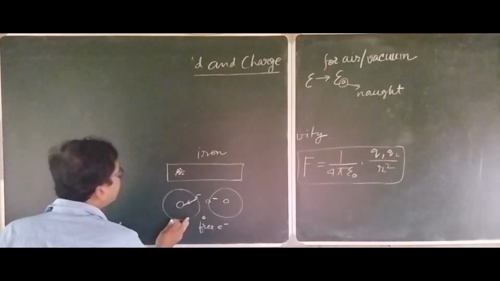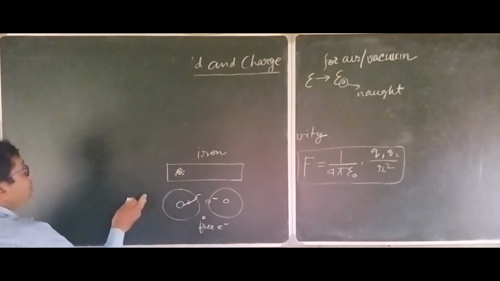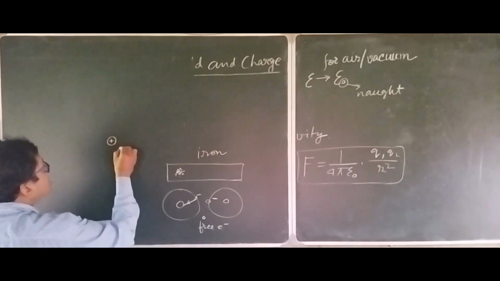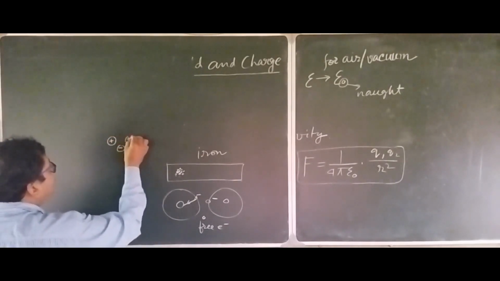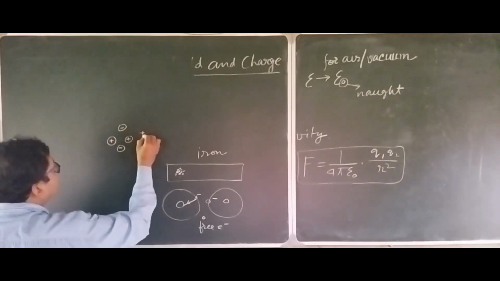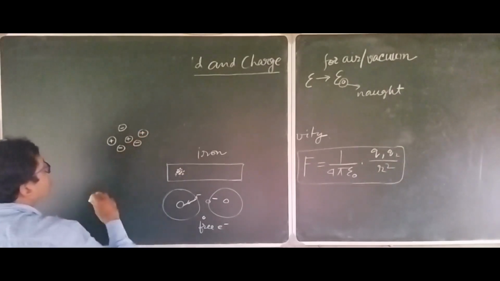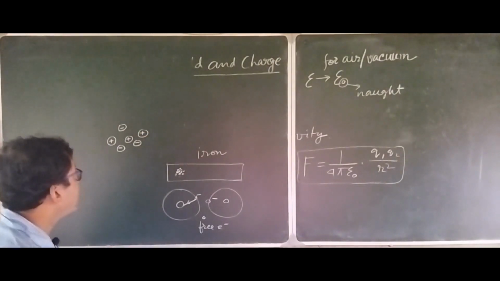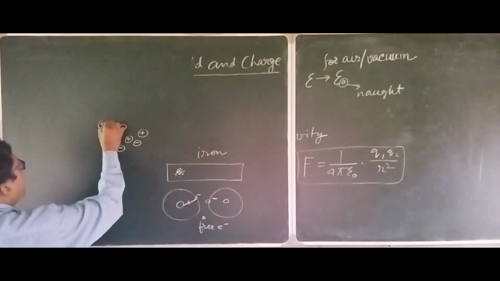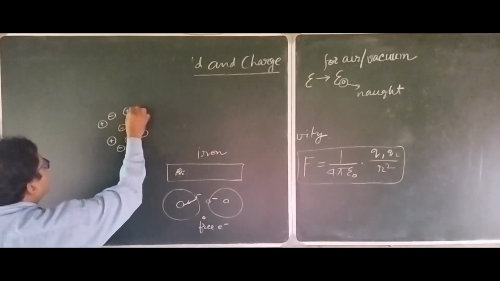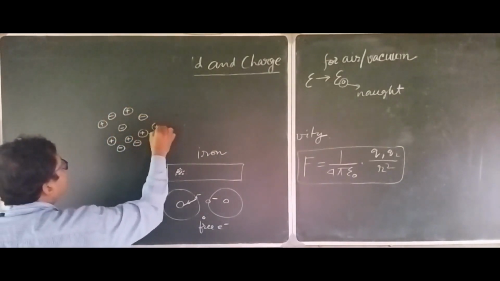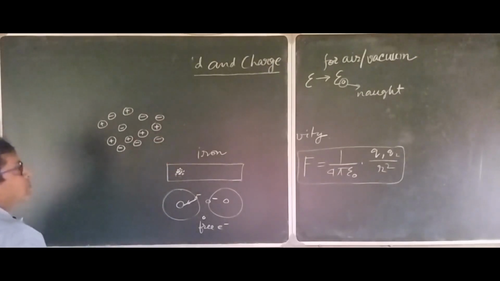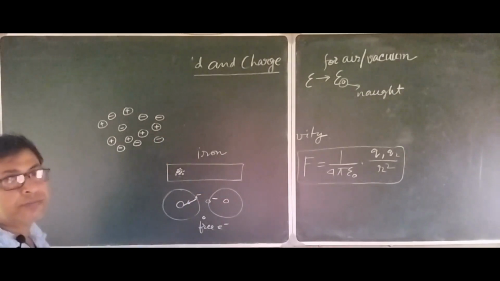And as a result of that, we can find a large number of cations and free electrons. So we can find a large number of cation and electron pairs in that lamina.